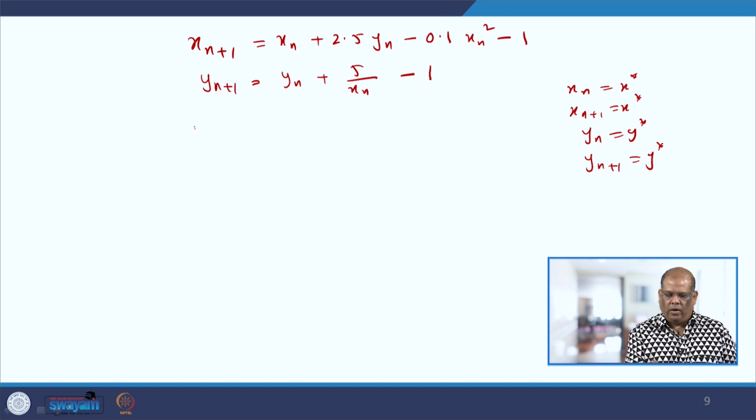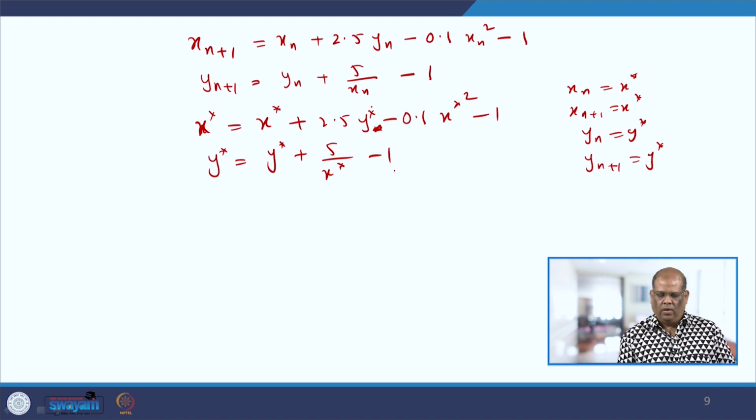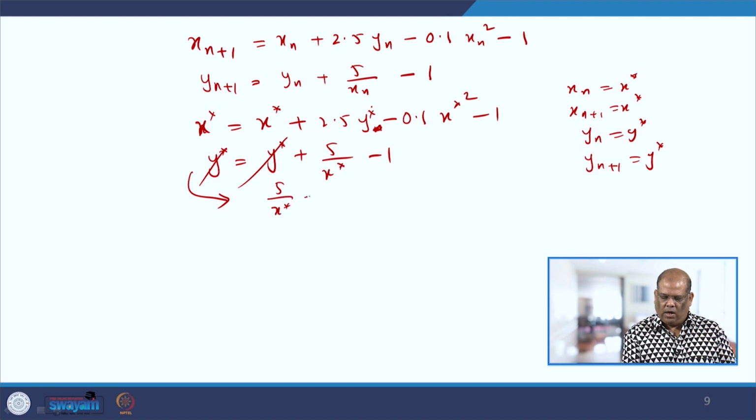You substitute here and you get x star equal to x star plus 2.5 y star minus 0.1 x star square minus 1, and y star equal to y star plus 5 by x star minus 1. So, from this equation you can see that 5 by x star is equal to 1, which implies x star equal to 5.